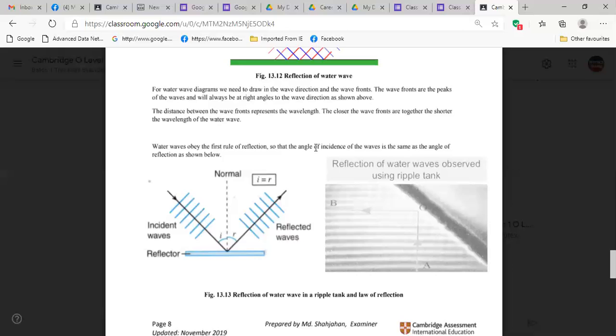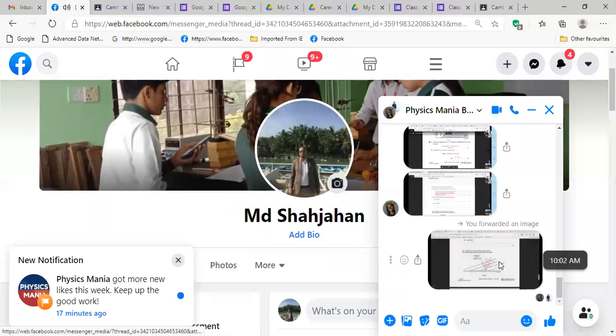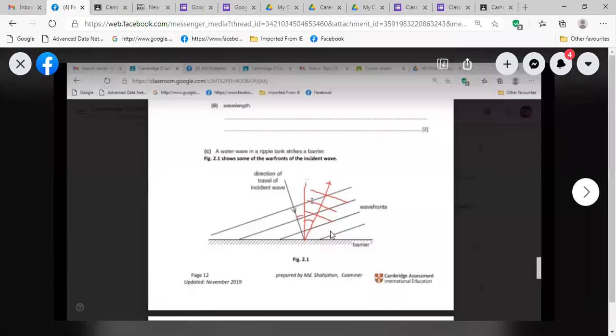Yes, sir. So this way we should draw the reflected wavefronts, where the gap between two wavefronts is similar to before. When we are drawing this, the gap between is same and the angle I is equal to R. We maintained it. And this one is normal, right? It's clear to you now? You can draw? Okay, do it please.